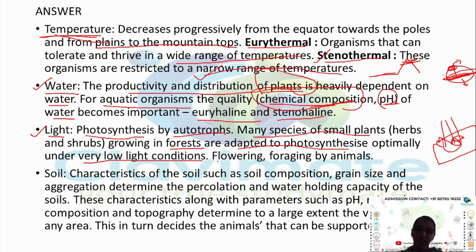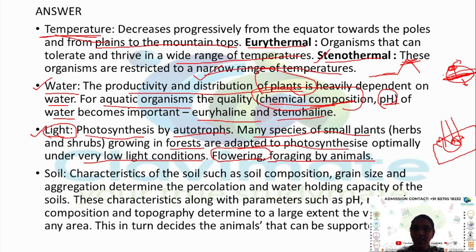Light also plays a role in flowering. You have seen flowers that bloom in the evening and flowers that bloom in the morning. So the flowering process is mainly dependent on light as a factor. And foraging by animals: some animals go and search for food at night, for example bats, and some animals search for food in daylight.